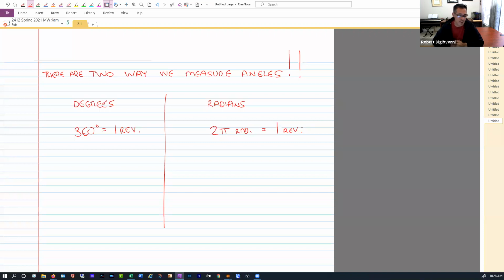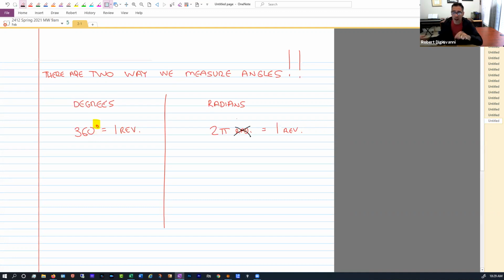From here on out, we can either be talking about an angle in degrees or in radians. Now, when I'm talking about degrees, you will see me use a degree symbol. You'll see degrees. That tells you I'm talking about degrees. However, if I'm using radians, there is no symbol. This is important for later. We do not have a symbol for radians.